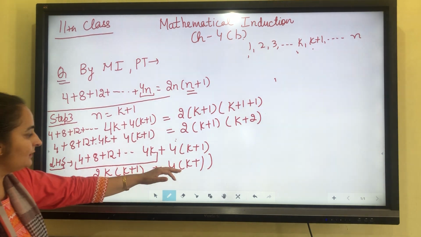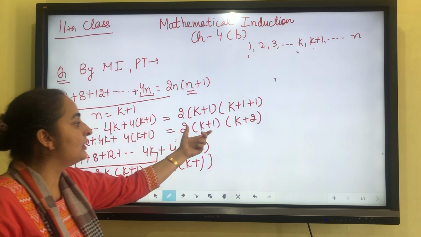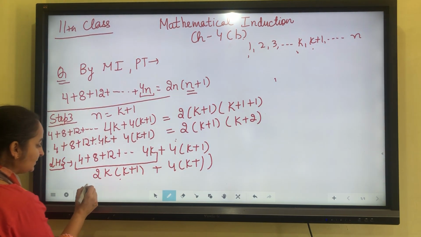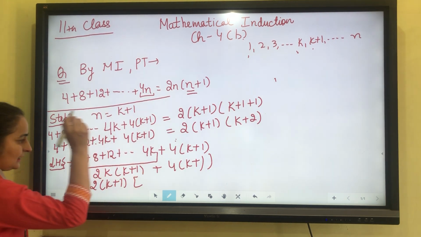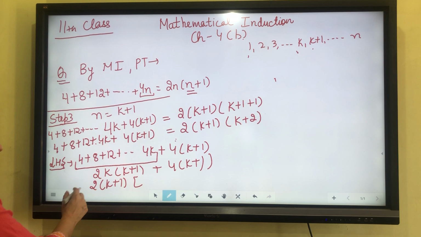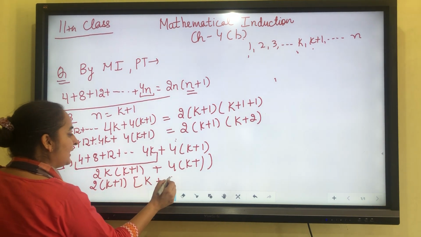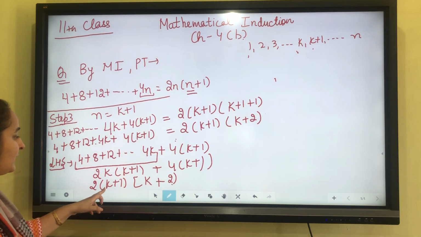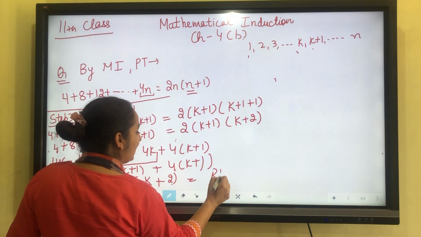Now, let's solve this equation and we want to find that this result is equal to the right hand side. Is there any term common here? That is only 2 and k plus 1. I am taking the common. What is left here? Only k plus 2, therefore k plus 2. So, the answer is 2 into k plus 1 into k plus 2, which is equal to the right hand side of the result.